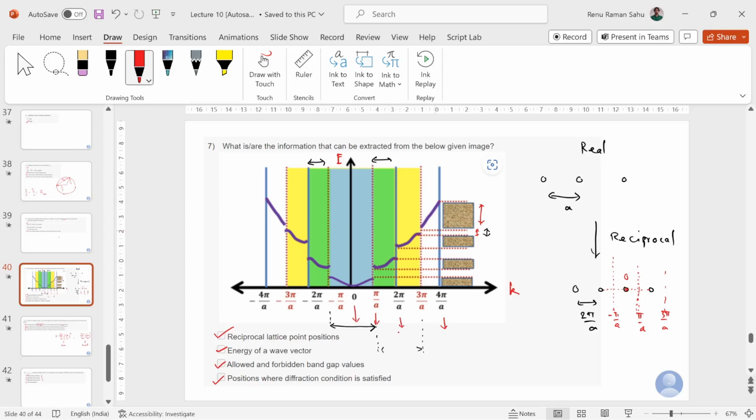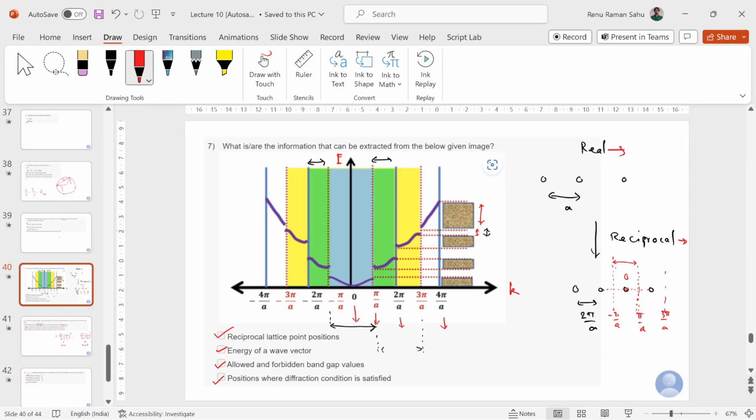I'm not understanding. Can you repeat that again? See, we go stepwise from real lattice to reciprocal lattice, and before going to the first Brillouin zone, we have to identify the Bragg planes. We have to identify the innermost region in the Wigner cell, the region of space which is bound by these Bragg planes.